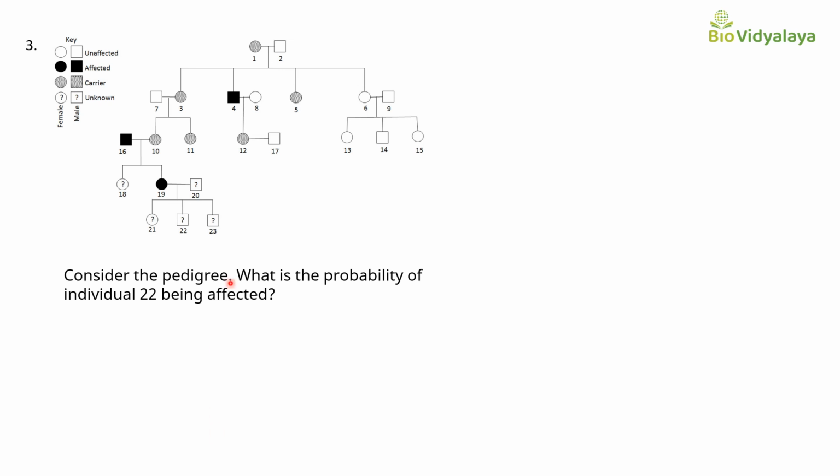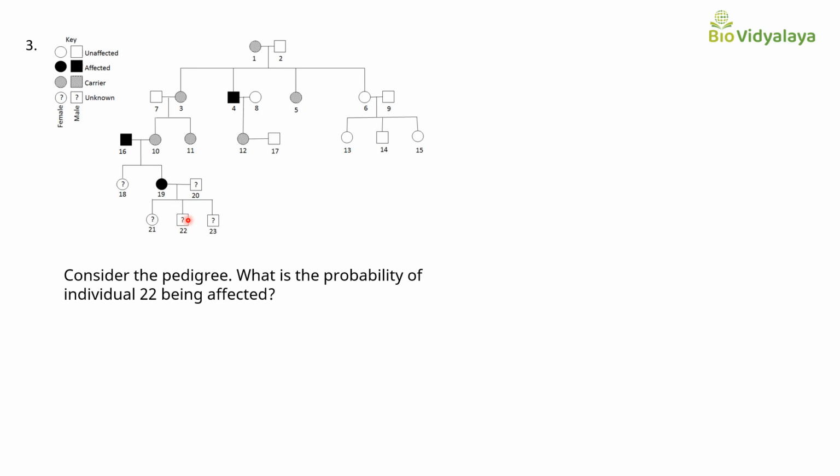This question is based on pedigree analysis. Here a pedigree is given. Based on this pedigree diagram, you have to find what is the probability of individual 22 being affected. Okay, this is individual 22. This is a very easy question. That's why options are not given. You try to solve this question by yourself and comment your answer in the below comment section.